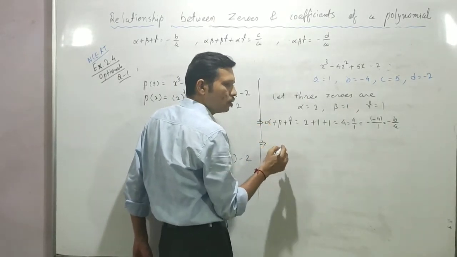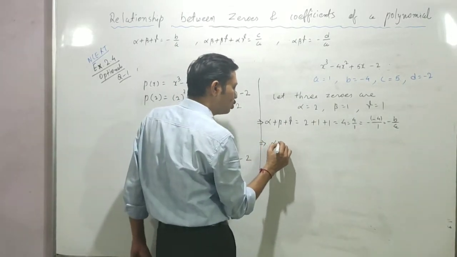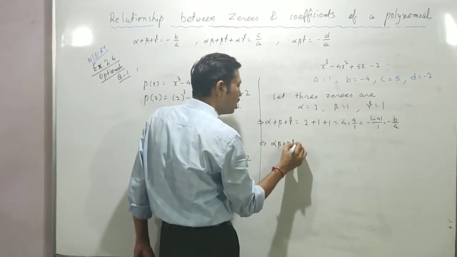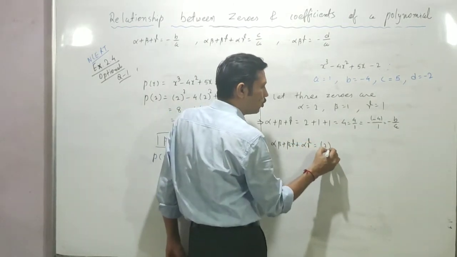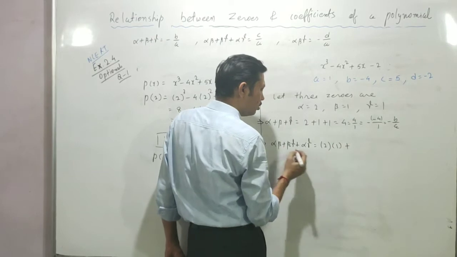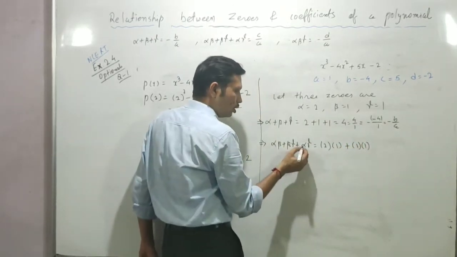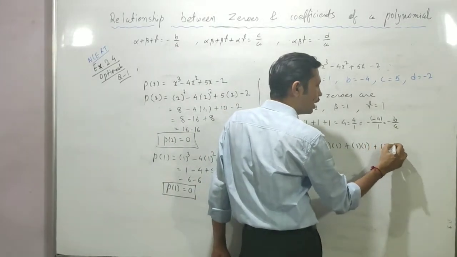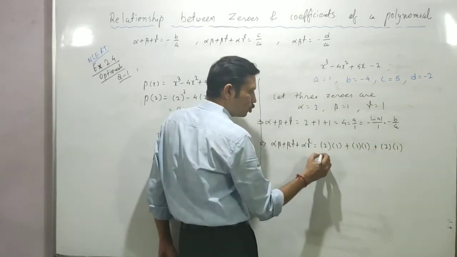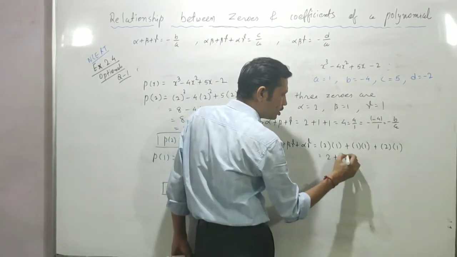Second relation, the sum of the products of the zeros taken two at a time: alpha into beta plus beta into gamma plus alpha into gamma. Alpha is 2, beta is 1; beta into gamma, beta is 1 and gamma is 1; now alpha into gamma, alpha is 2 and gamma is 1. So 2 ones are 2, plus 1, plus 2.